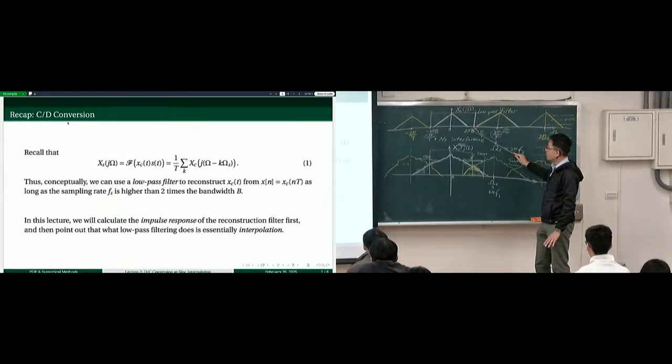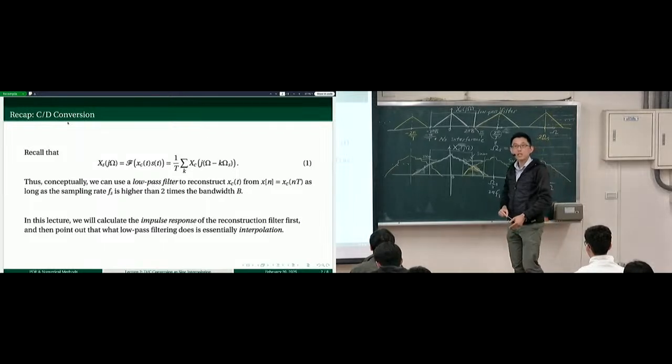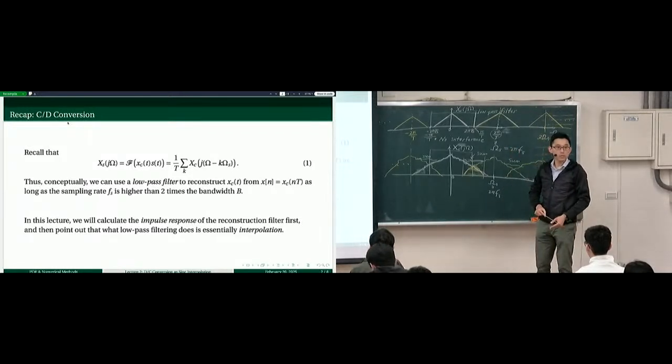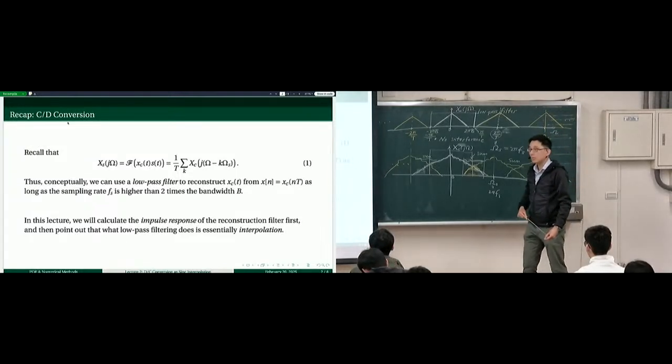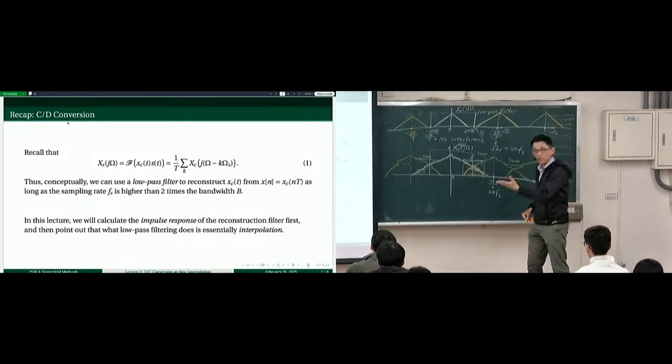But for an ideal filter with this frequency response, we can calculate the corresponding impulse response by applying the inverse Fourier transform. We apply the inverse Fourier transform to this desired low-pass response, from frequency to time. And then the result is a sinc function.